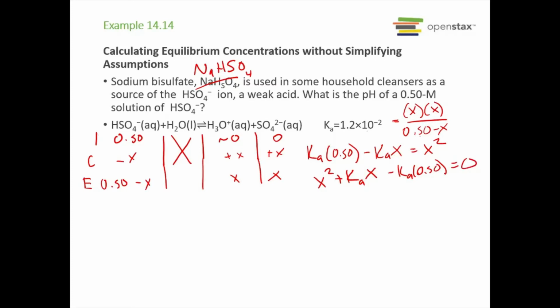Just substituting in Ka and doing our math, that gives us x squared plus 1.2 times 10 to the negative second times x minus 1.2 times 10 to the negative second times 0.5, which is 6.0 times 10 to the negative third, equal to 0. So we've got a good old-fashioned quadratic.